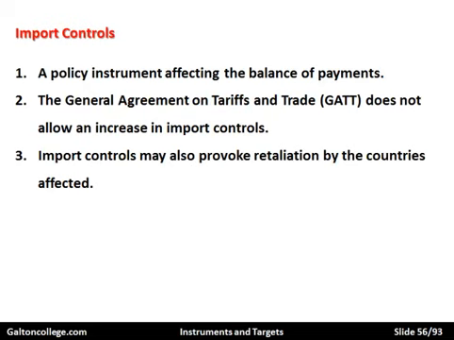Of course, import controls may provoke retaliation by other countries. If one country decides it's going to block the imports from another country, then the other country may block the exports of the first country. So it just means international trade will become less and less, which means we'll lose the advantages of international trade.